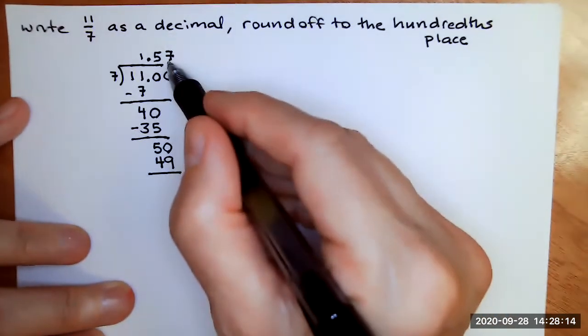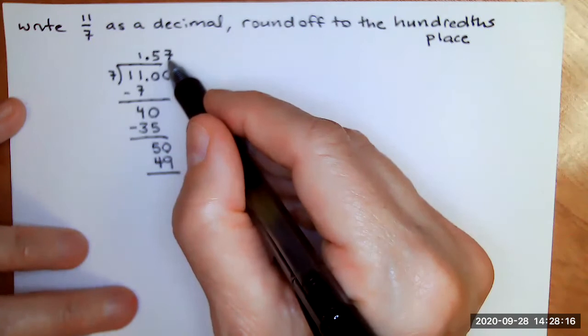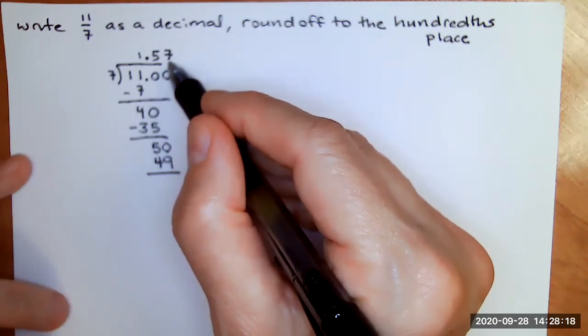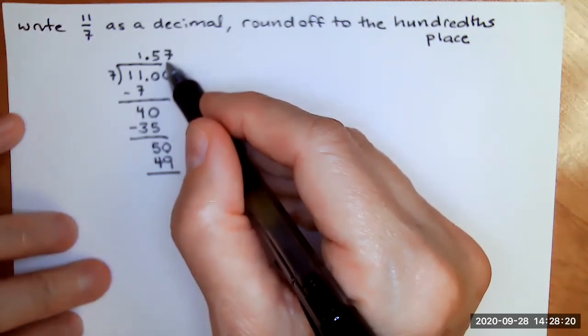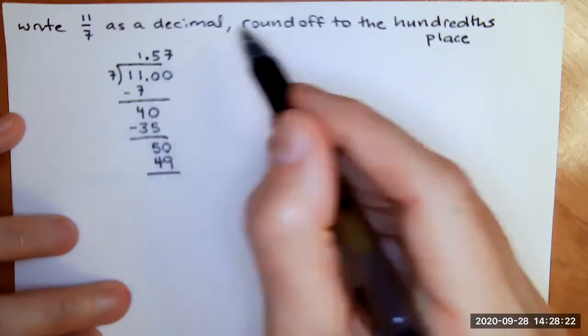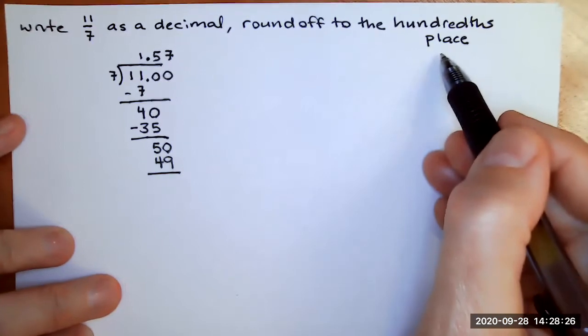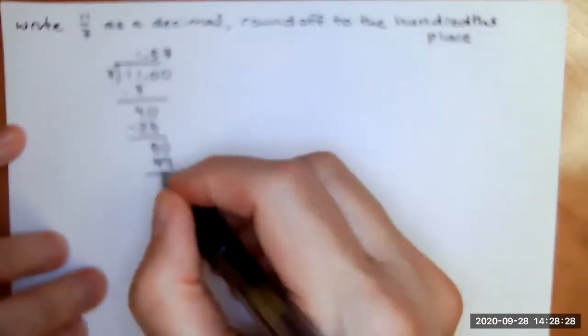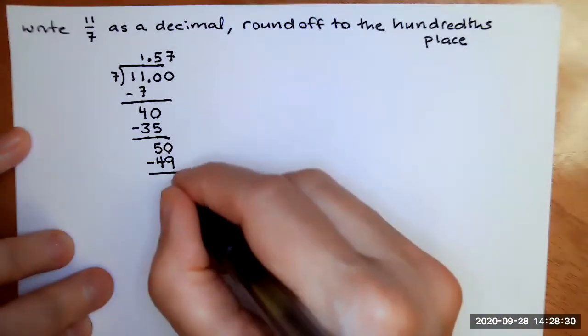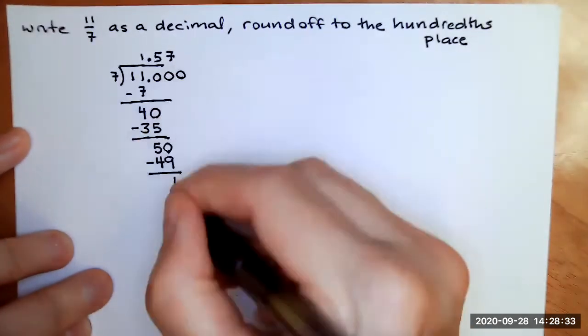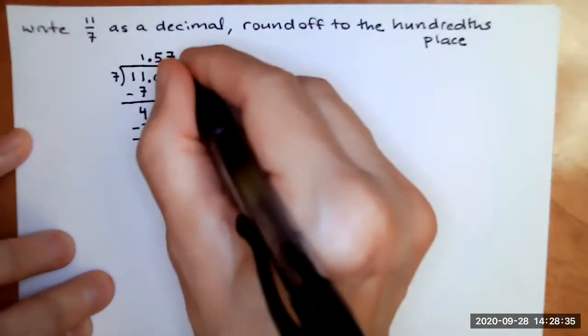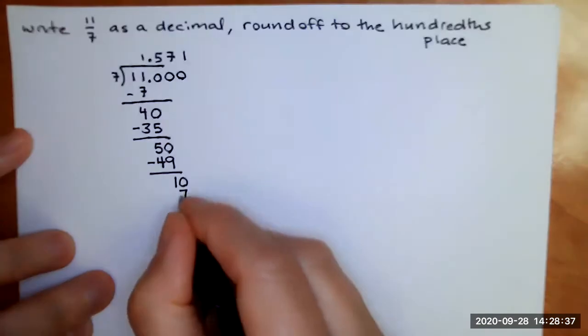So the 7 is in the hundredths place, and the question is, can I stop now? And the answer is no, because in order to round to the hundredths place, I need to divide to one more place. So we subtract, I get a 1. That goes in 1 time.